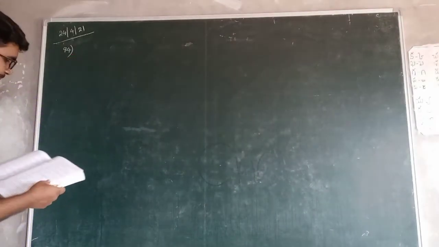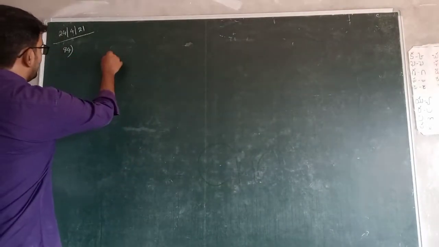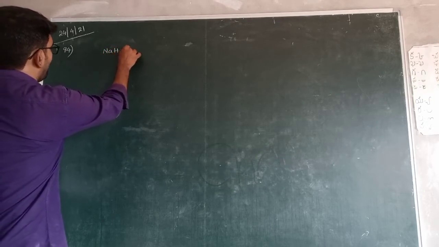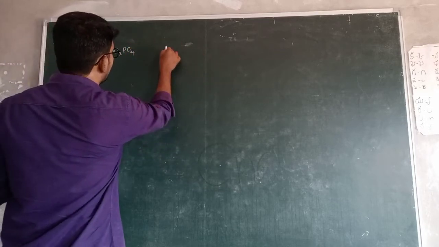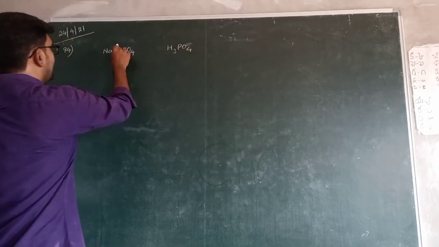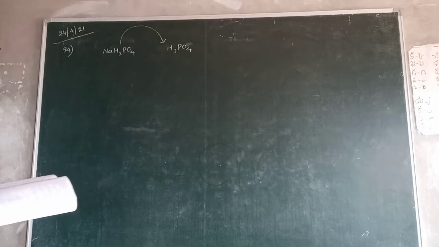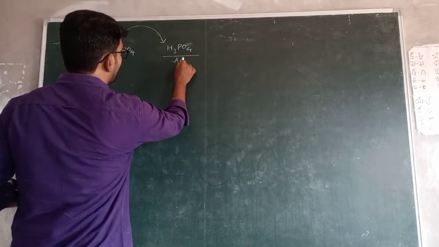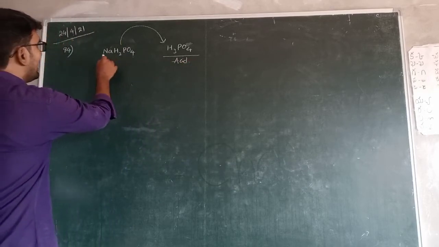94th problem. The addition of NaH2PO4 to the 0.1 molarity H3PO4. This NaH2PO4 is added to the H3PO4. Actually, H3PO4 is an acid, but NaH2PO4 is a salt.